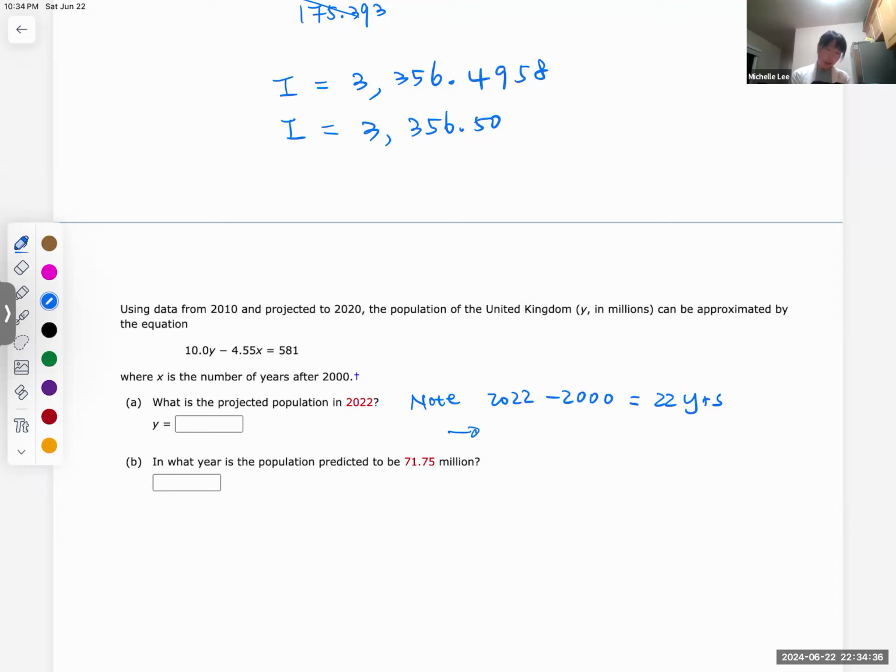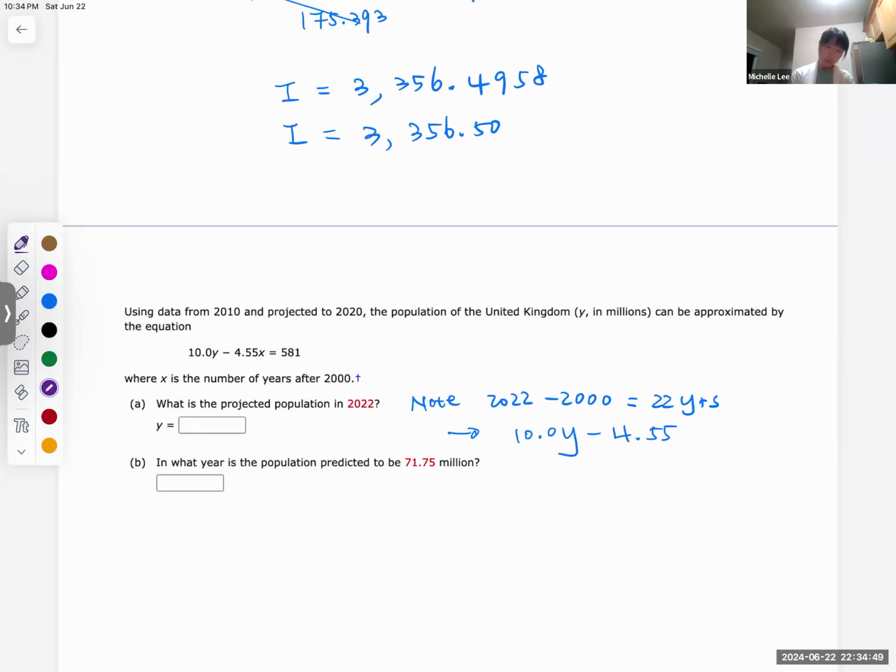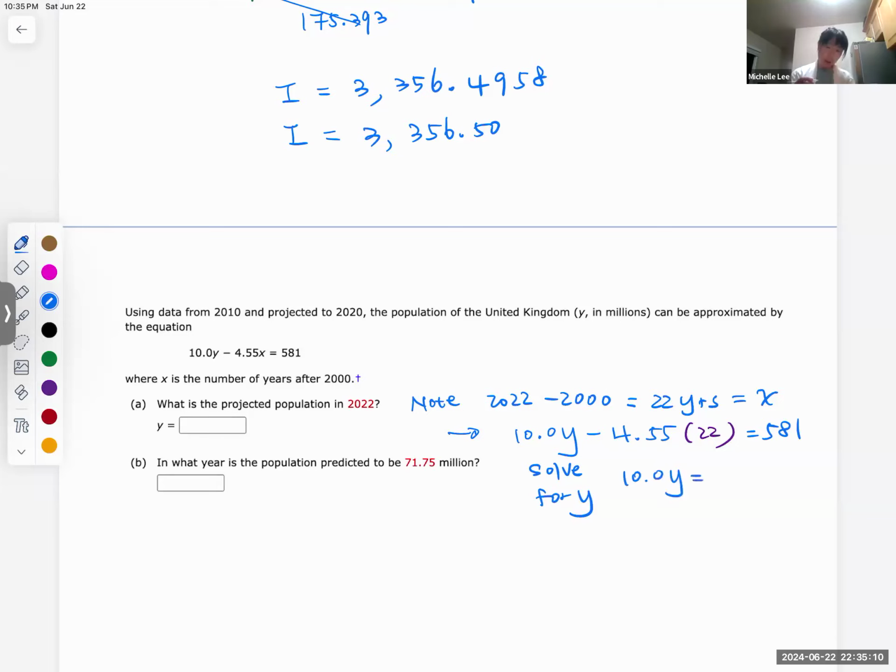So here, 10y minus 4.55x, so x is 22. So 10y minus 100.1 equal to 581.